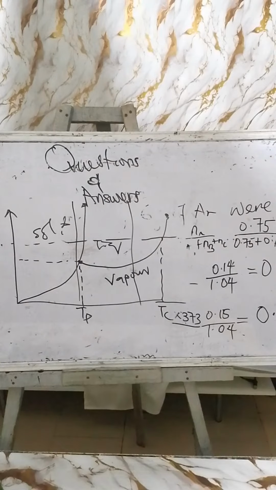Then lastly, the possible last question on colligative properties. How does the solution of a non-volatile solute affect the following properties? And what are these following properties?